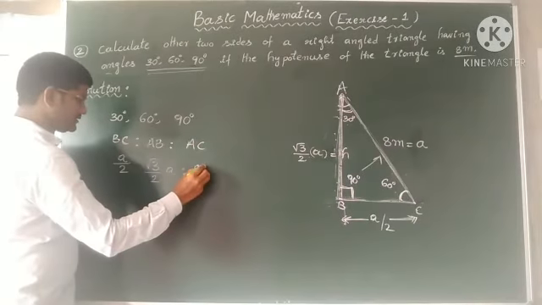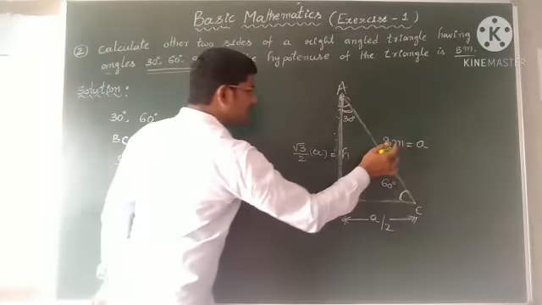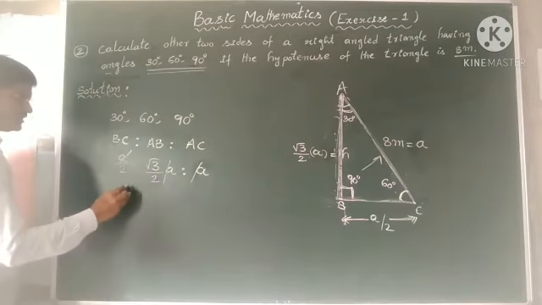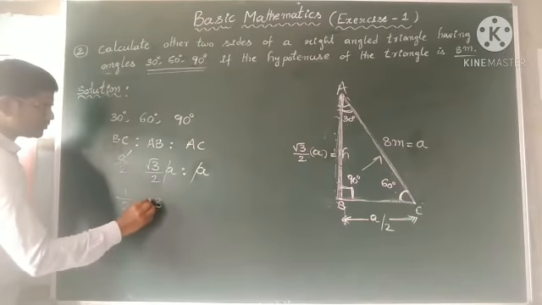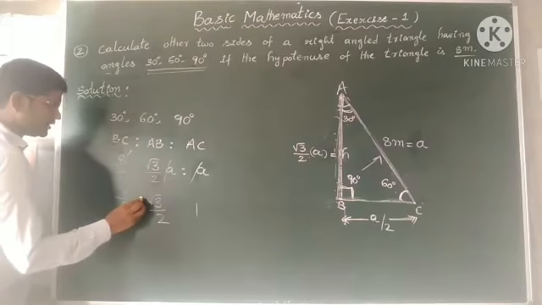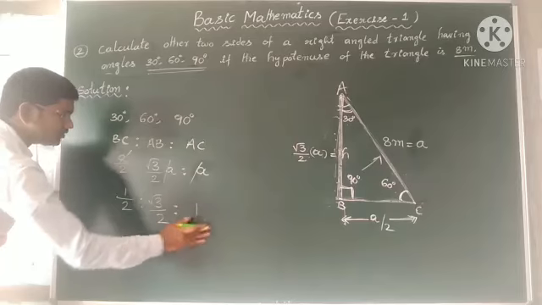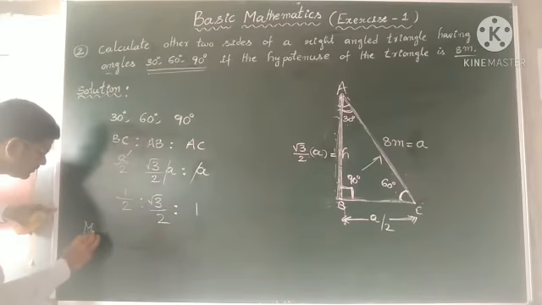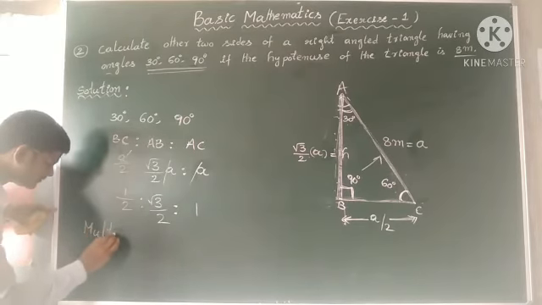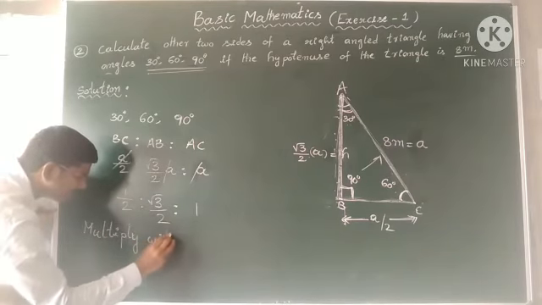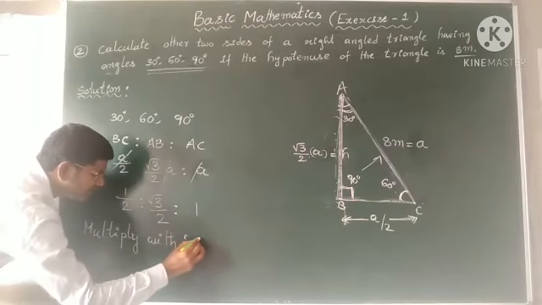So if you take that A, this is A, so I am taking A. Now A gets cancelled. So what is left students? 1 by 2, root 3 by 2 and 1. So multiply with 2, the common ratio, multiply with 2 on either side.